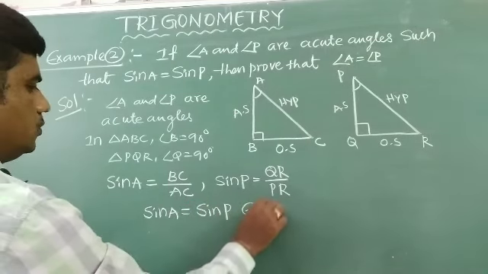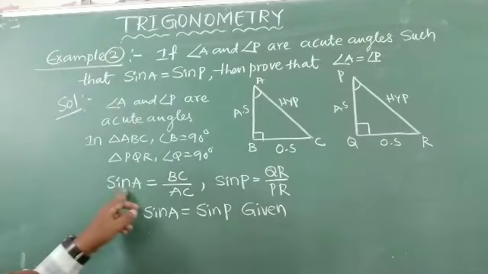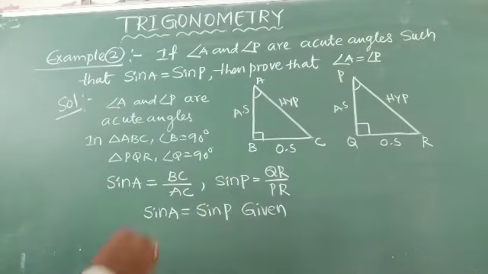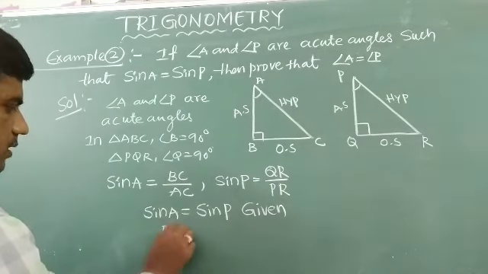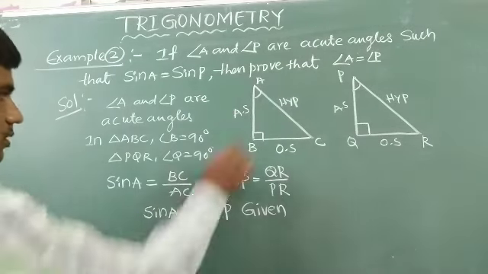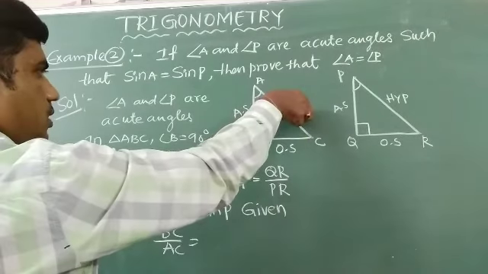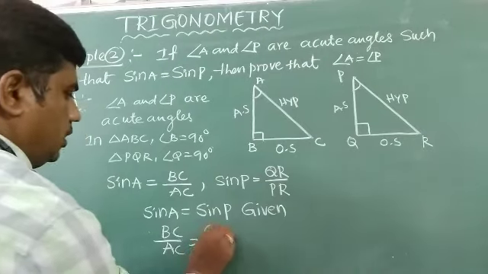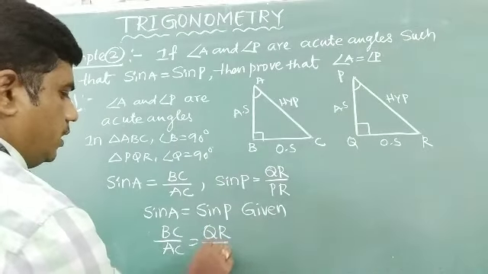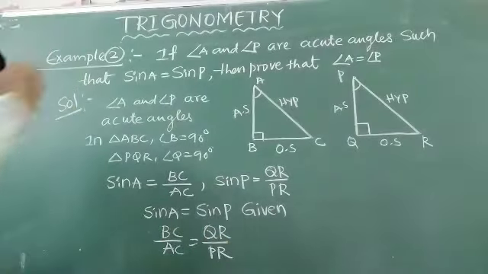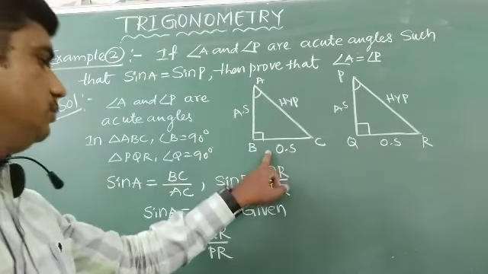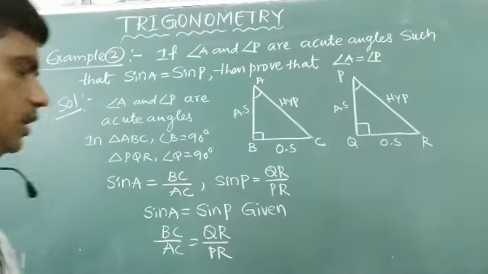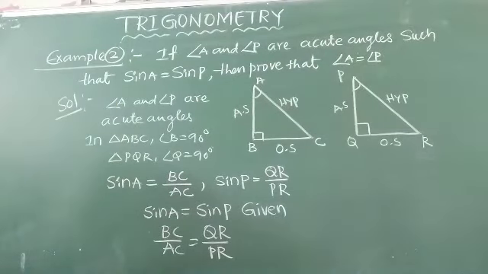Sin A equals sin P. That means these two ratios are equal: BC by AC and QR by PR are equal.